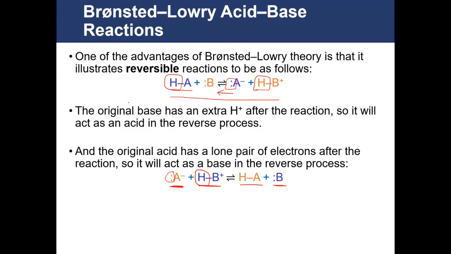So in this case, initially we had HA. In our first reaction, this was acting as an acid. B was acting as the base. In the reverse process, this A- is acting as the base, and HB+ is acting as the acid.